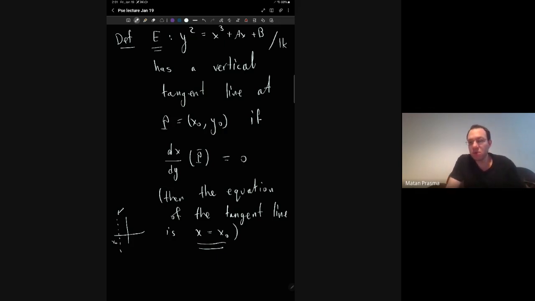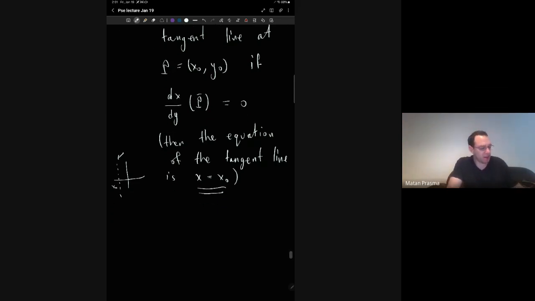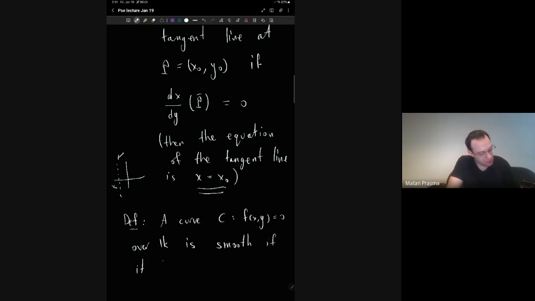So now that we have all the different definitions in place, let me just make maybe one more. A curve C over K is smooth if it has a tangent line at every point.